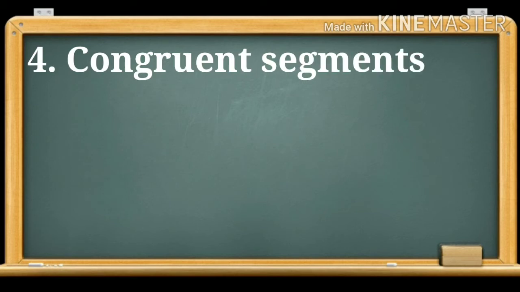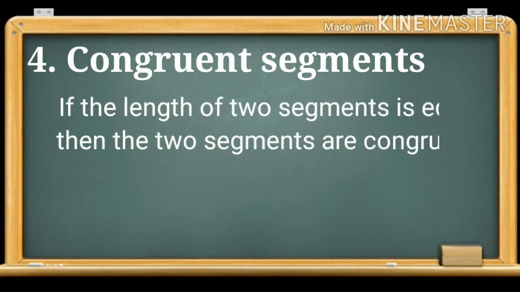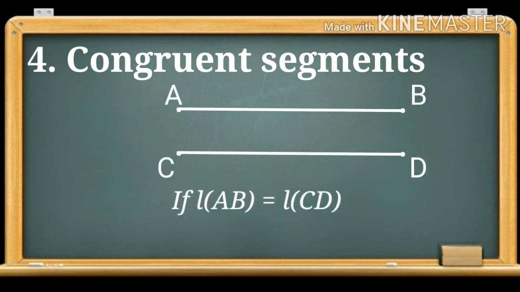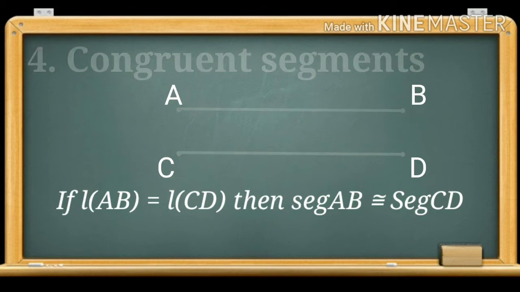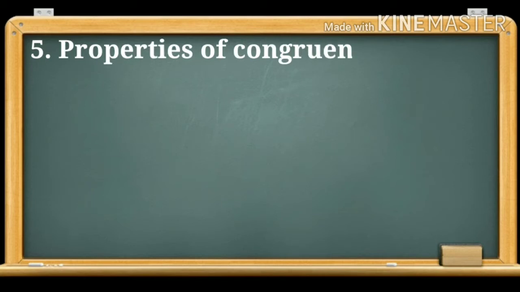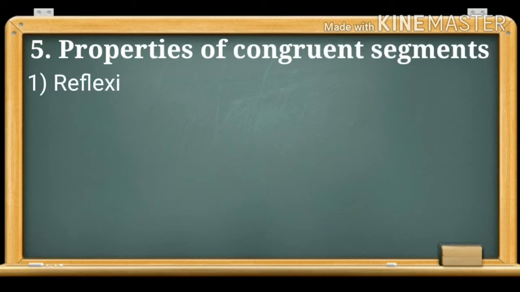Next point is congruent segment. If the length of two segments is equal, then the two segments are congruent. If length of AB equal to length of CD, then segment AB congruent to segment CD. Next point, properties of congruent segments. First property, reflexivity: segment AB congruent to segment AB.